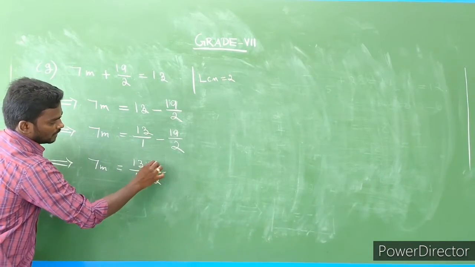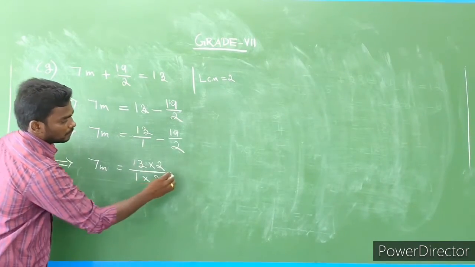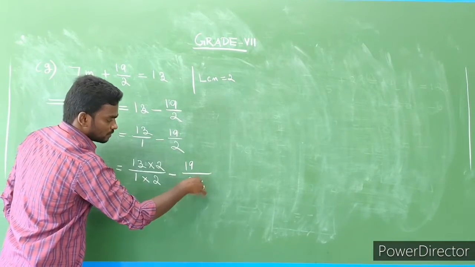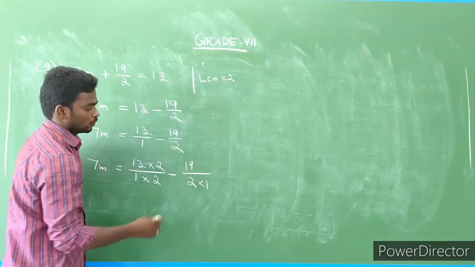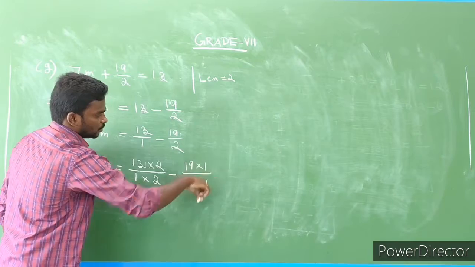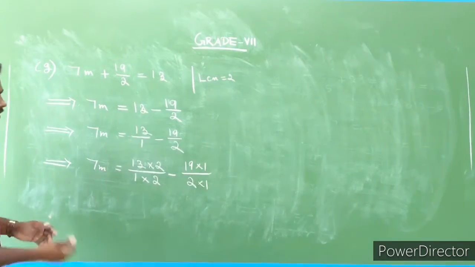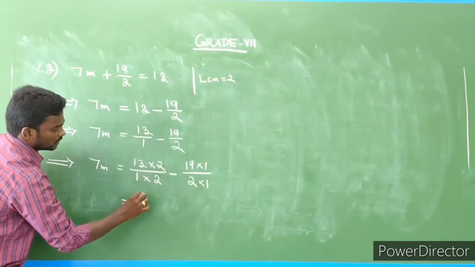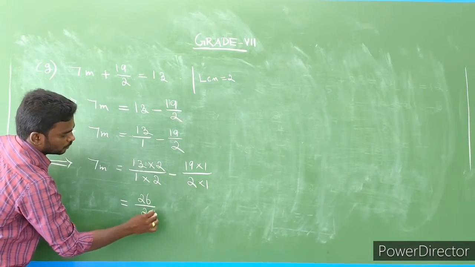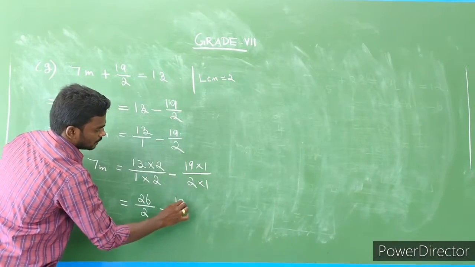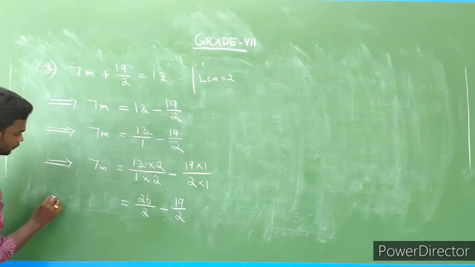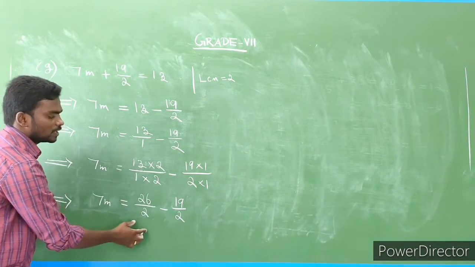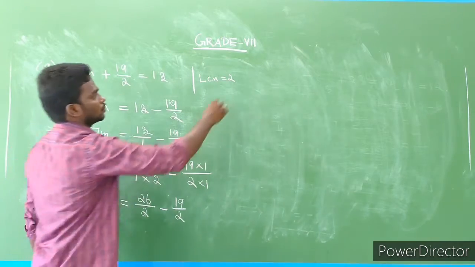So 2 is multiplied by the numerator and denominator of 13 by 1, and minus 19 by 2 stays as it is. 13 2s are 26 divided by 2 minus 19 divided by 2. So 7m is equal to 26 divided by 2 minus 19 divided by 2.